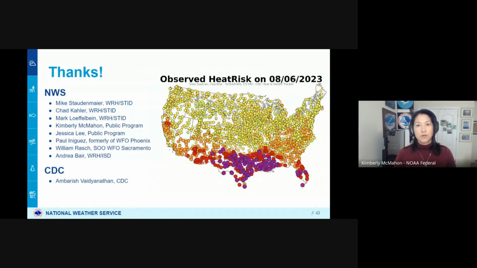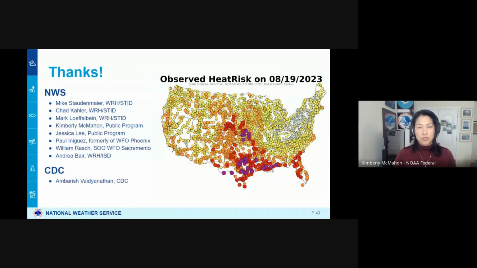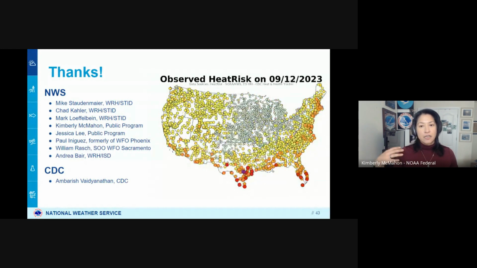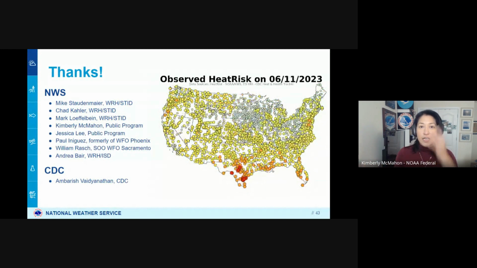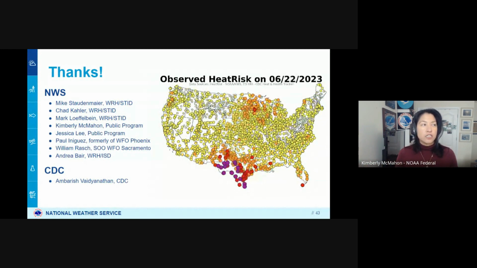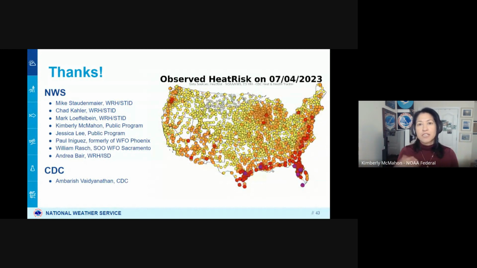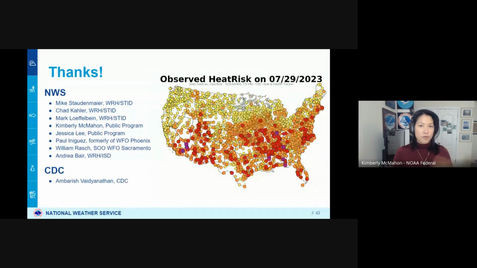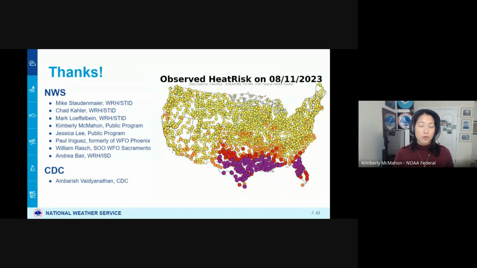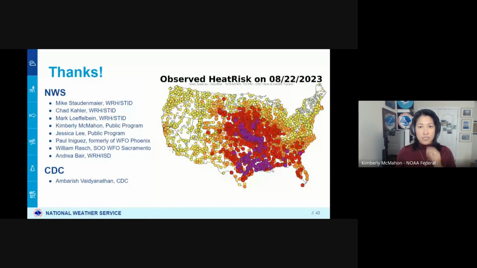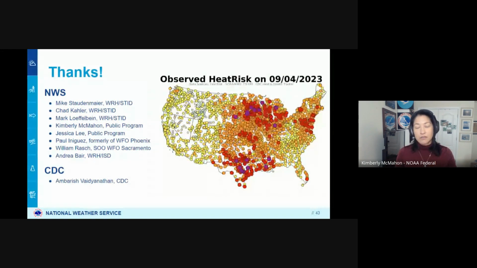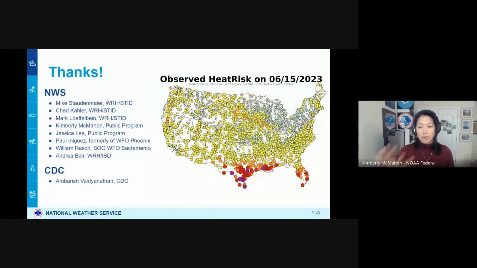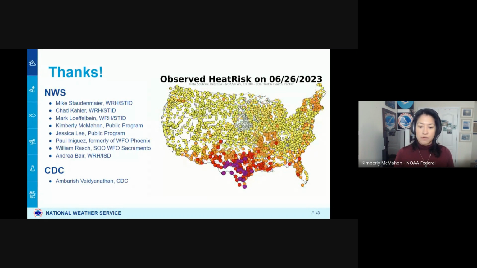So you wouldn't necessarily want to use wet bulb globe temperature as your only messaging mechanism. And heat risk can certainly help inform some of that messaging overall on how bad the heat is, because it actually takes into account climatology, which, unless you've run your own local climatology across the year, is not readily available for heat index and wet bulb globe temperature. Mike, I'll hand it over to you.